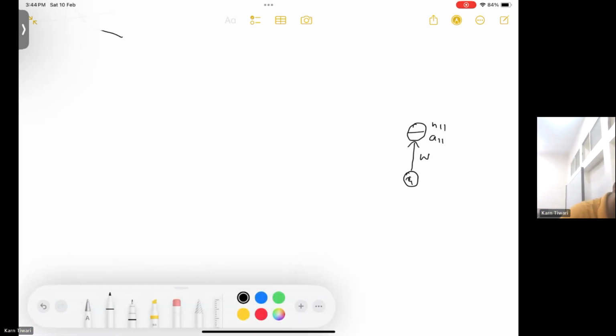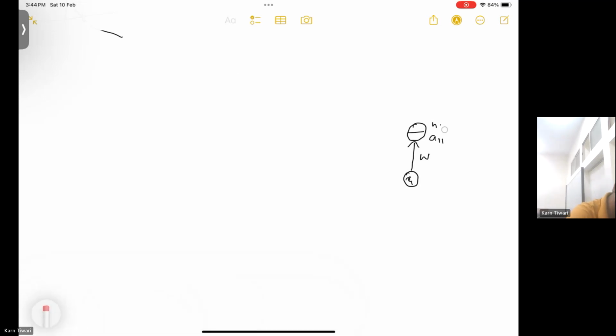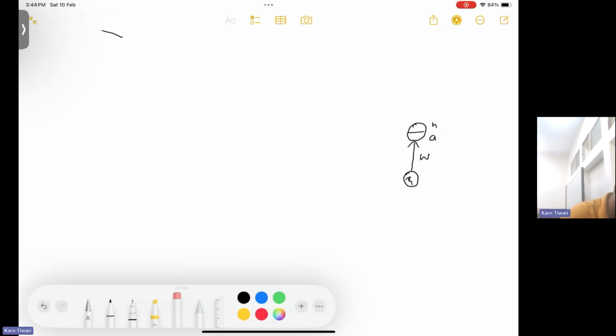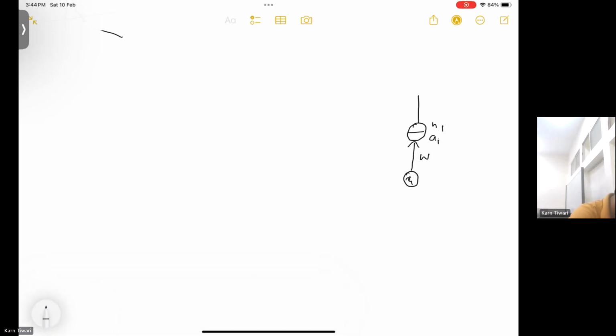So we have x1, we have a weight, and we get a1 after applying activation h1. I'm simplifying it basically. A1, h1, again weight 2. For simplicity, the bias we can remove, otherwise the process remains the same.